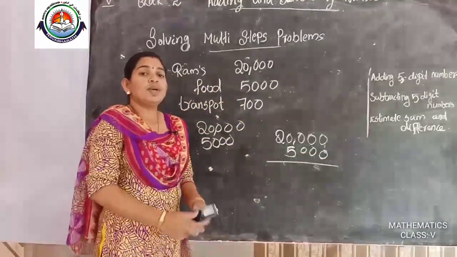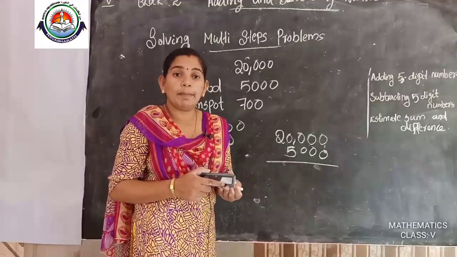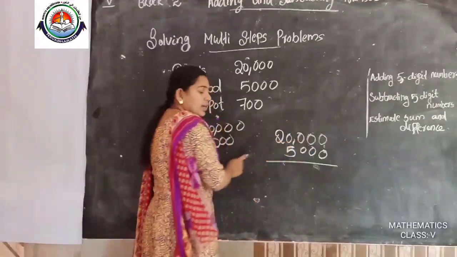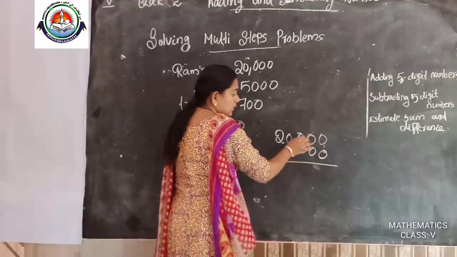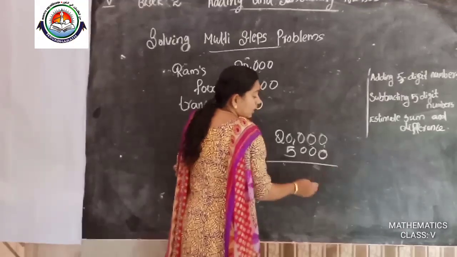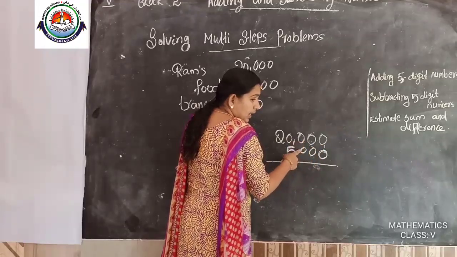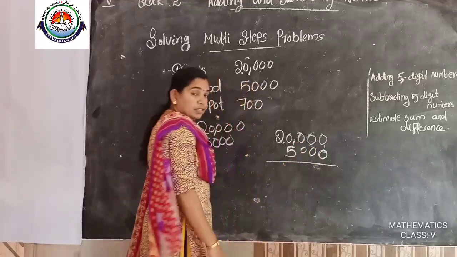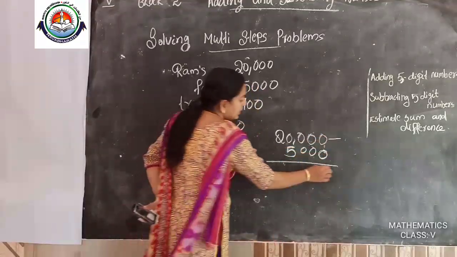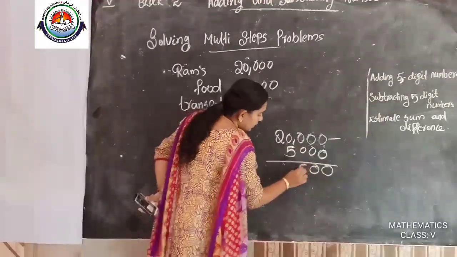Which method can you follow? Place values or the column method. Any method you can follow, but this is very easy. From the right side you write 0, 0, 0, 0, 2 for 20,000. And for 5,000: 1's place 0, 10's place 0, 100's place 0, then 1,000's place 5. Then subtract. 0 minus 0 is 0, 0 minus 0 is 0, 0 minus 0 is 0.